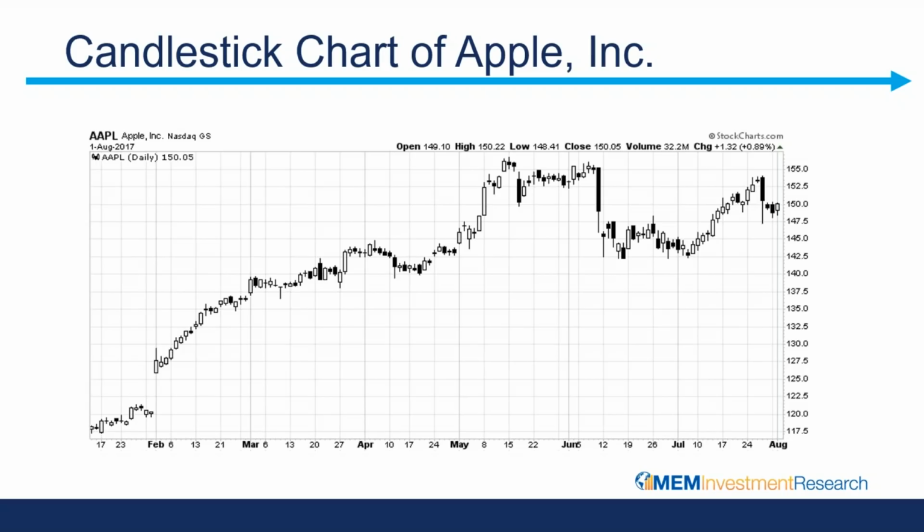But these candlestick charts, for those of you that are not familiar, they have various formations that can be formed in these charts with various names: falling star, doji, and so forth. It's really worthwhile to take the time to dig in a little bit more and understand some of these characteristics.